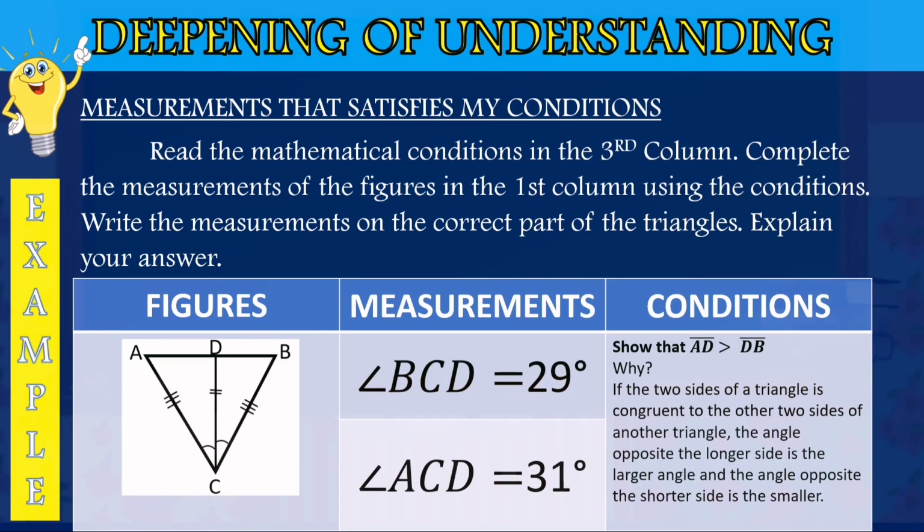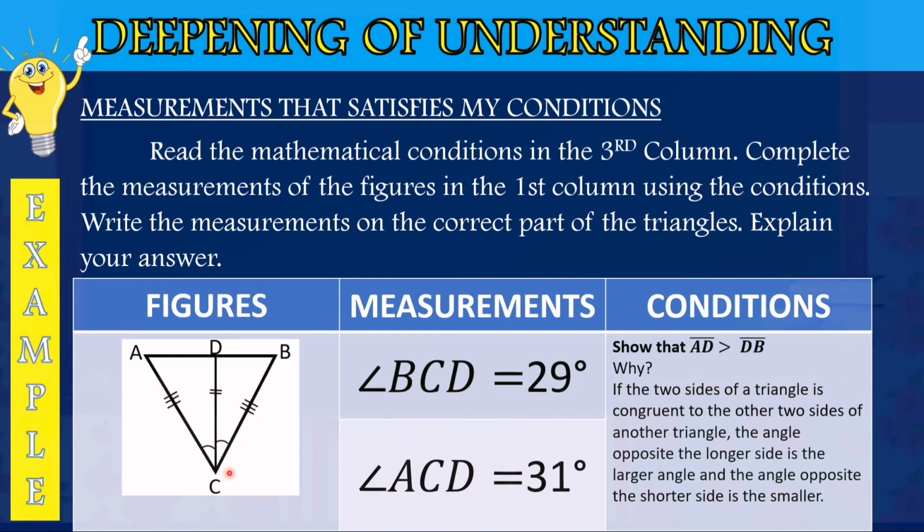So if the two sides of a triangle are congruent to the other two sides of another triangle, and what are those sides? Those are denoted by the tick mark. So DC, the reflexive property, is also congruent to BC. So AC is congruent to BC. So those are the two congruent sides of the triangle.